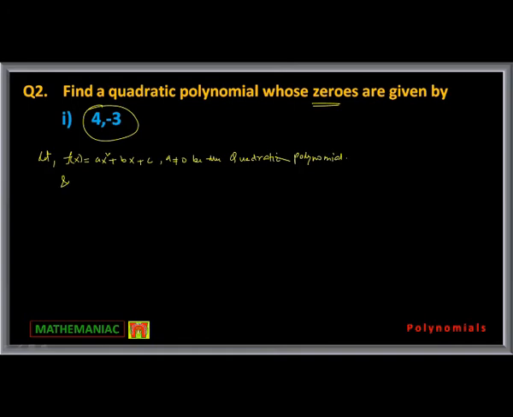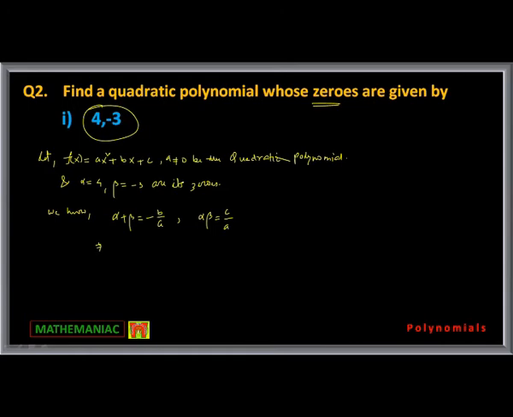And alpha equal to 4, beta equal to minus 3 are its zeros. So what do we know about the relation between this and a, b, c? Alpha plus beta equal to minus b by a, and alpha beta equal to c by a.